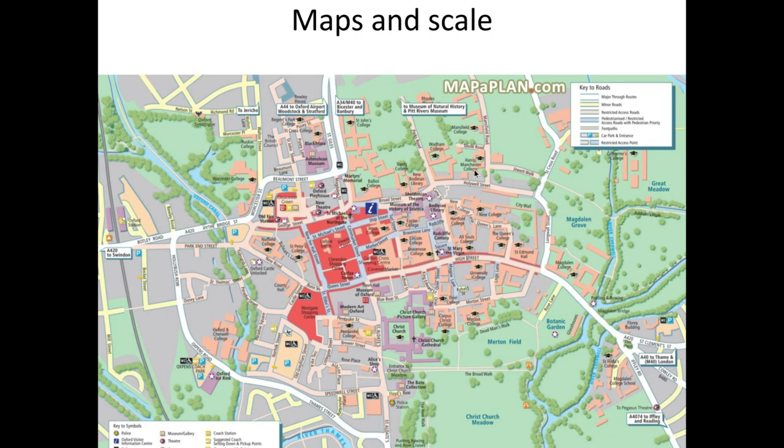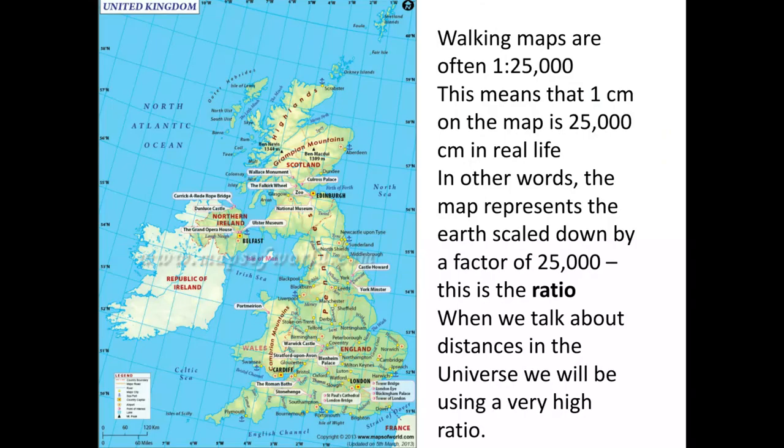The idea is that you have to represent things that are bigger, the actual city, onto, in this case, a PowerPoint slide or a piece of paper. So you have to know something about scale. Walking maps, which you might use if you go hiking, are often at a scale of 1 to 25,000.